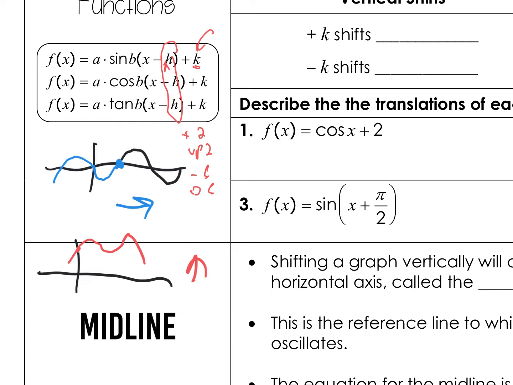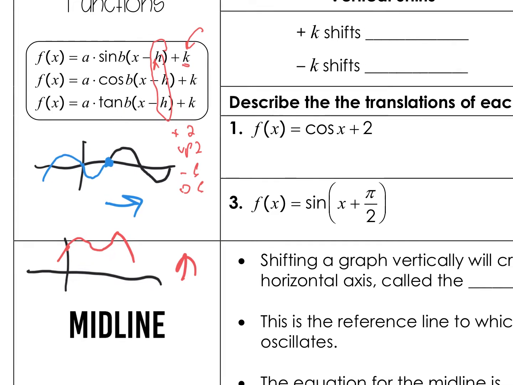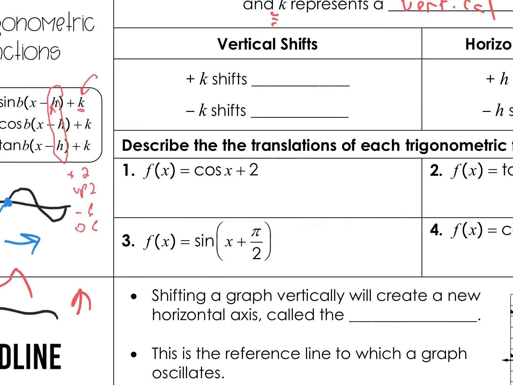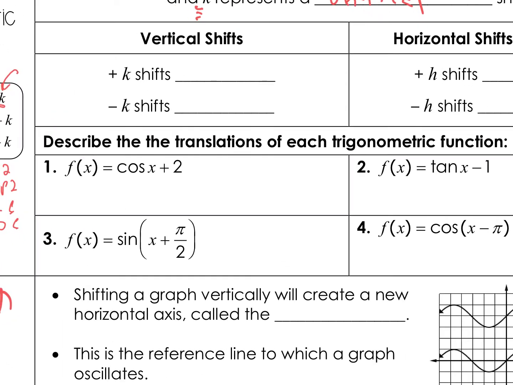And so we're going to look at some examples. This is just like the parabolas, just like the polynomials that we've done before. So plus K shifts means up K units. A negative K shifts means the graph shifts down K units.